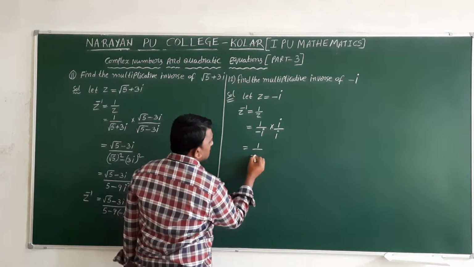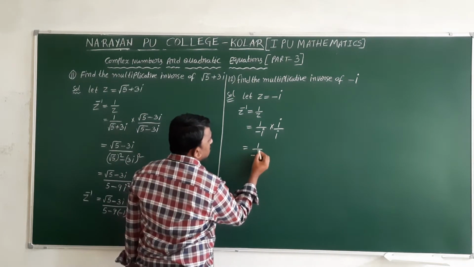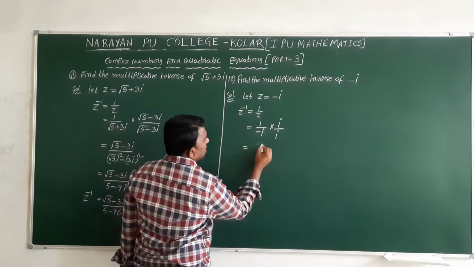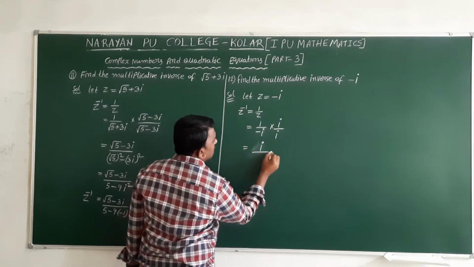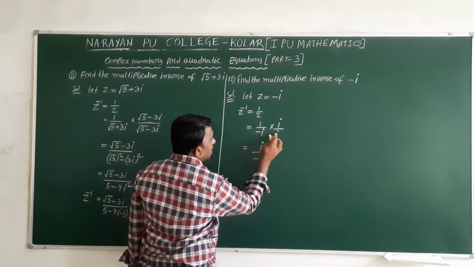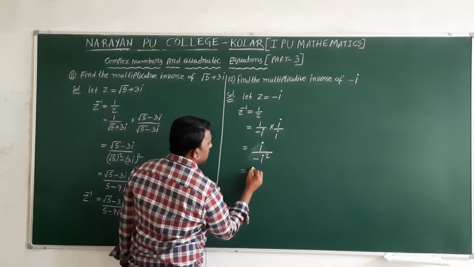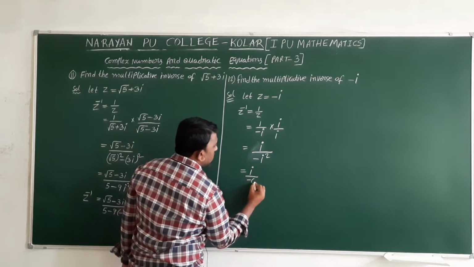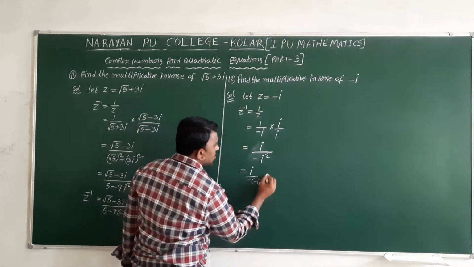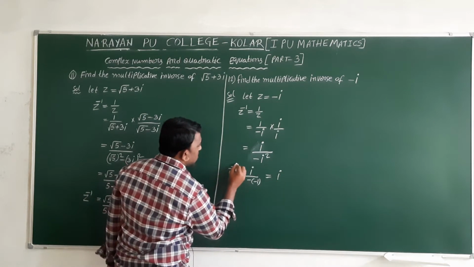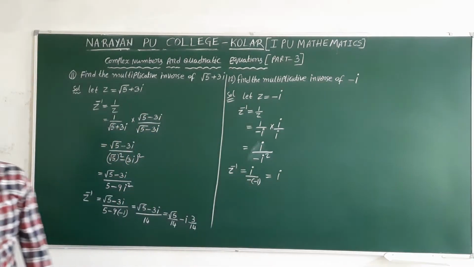You can multiply directly: 1 into i is i, divided by minus i into i square. I divided by i square, whose value we know is minus 1. So minus of minus plus 1. Directly it is i. So z inverse equal to i.